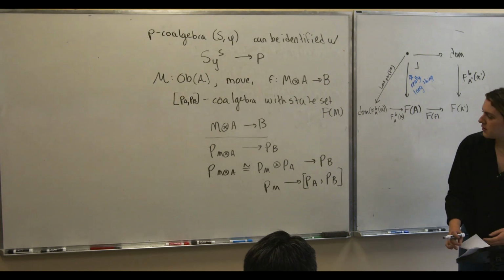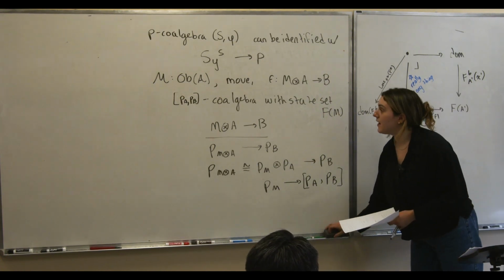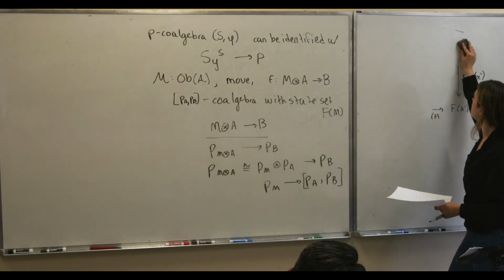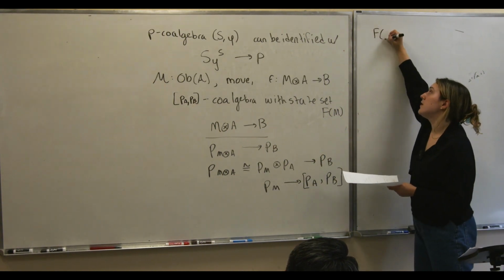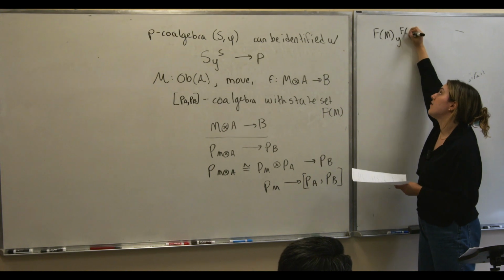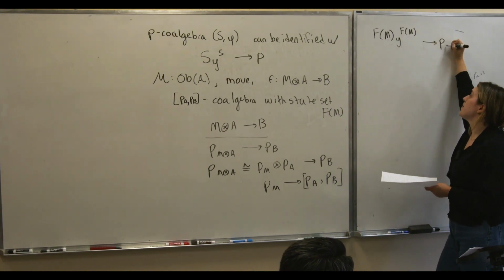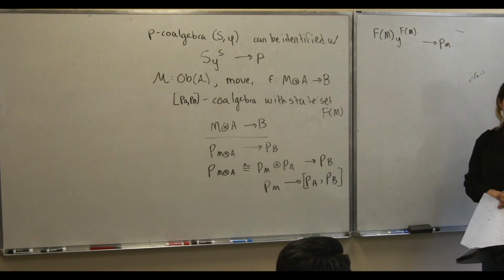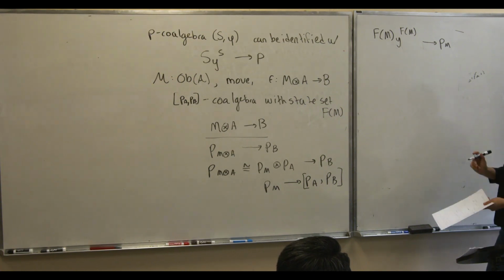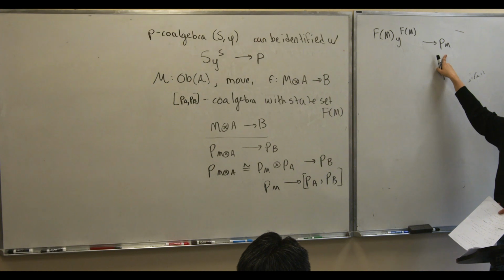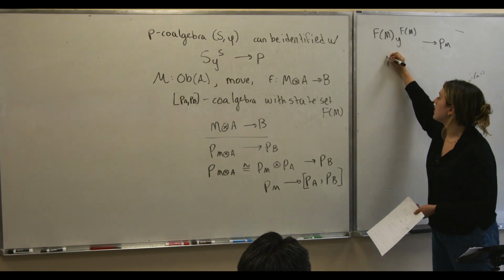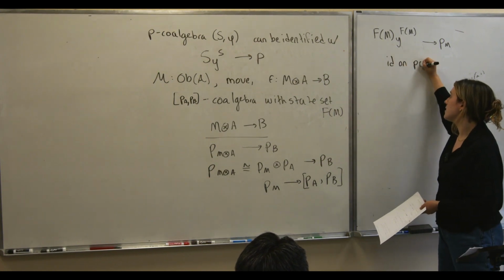Okay, that's good. So the other piece of the puzzle is that we want a morphism of polynomials from fm y to the fm to pm. Okay, so fm and pm have the same position set. So on positions, this is the identity.